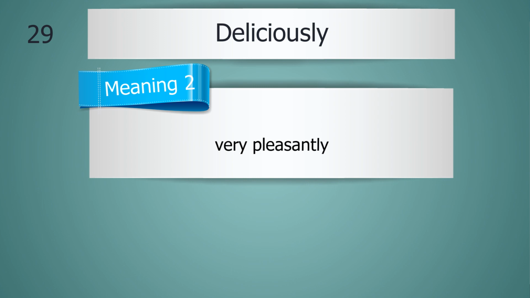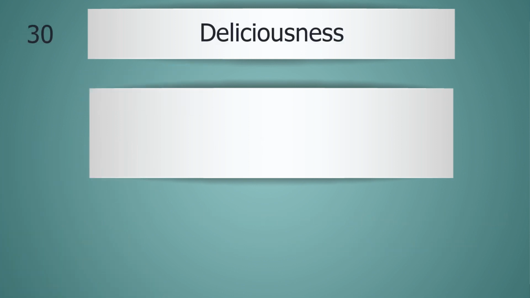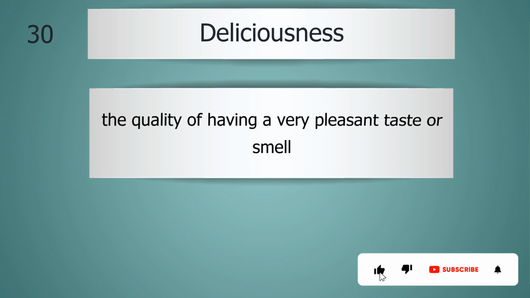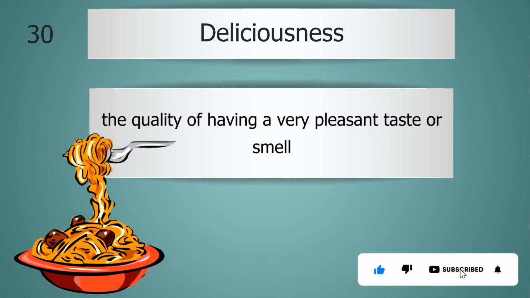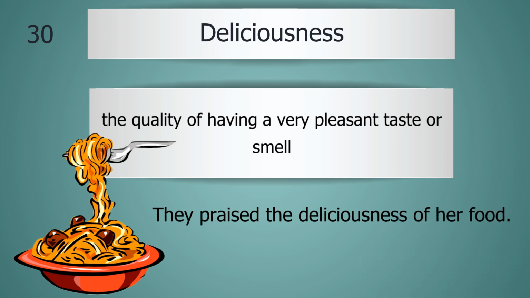Second meaning, very pleasantly. His teeth were like pearl, and his large full eyes were deliciously white. Deliciousness, the quality of having a very pleasant taste or smell. They praised the deliciousness of her food.